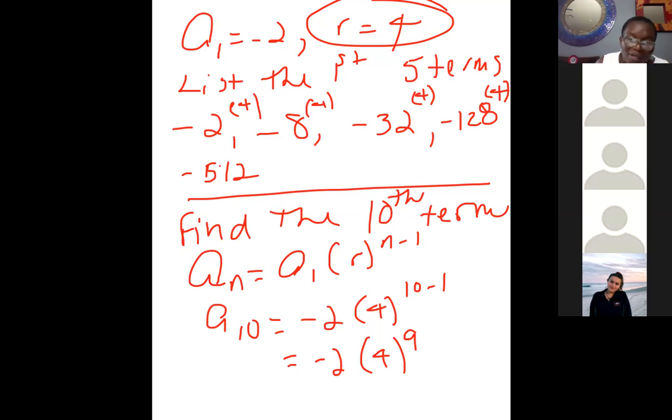So just type it in like you see it, -2 times 4 to the 9th power. Give it a try, guys. It's going to be a large number. What's the answer? Ooh, that's a large one. Okay. So it's -524,288.